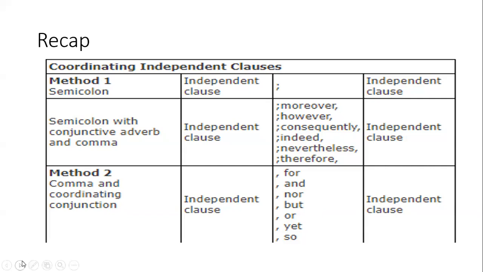You can't put IC, comma, IC. That is an error called a comma splice. That's incorrect usage of a comma. You can never ever have IC, comma, IC.